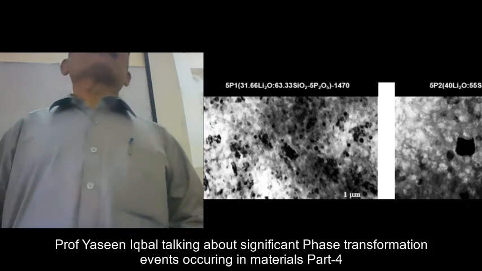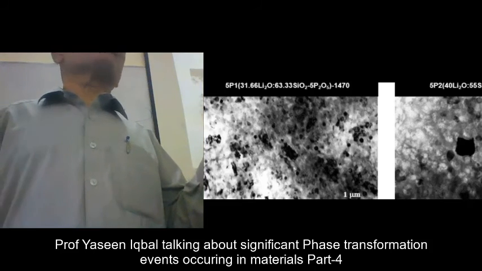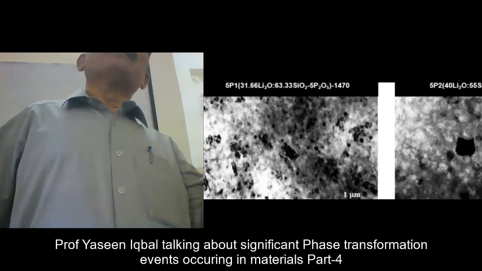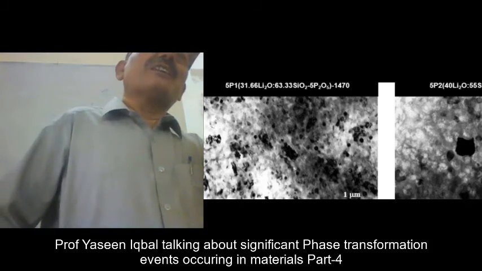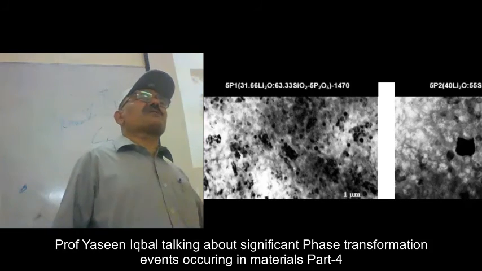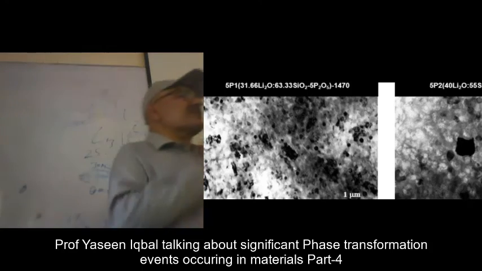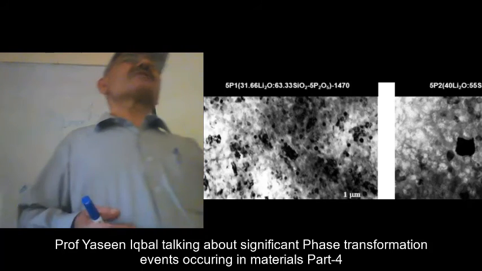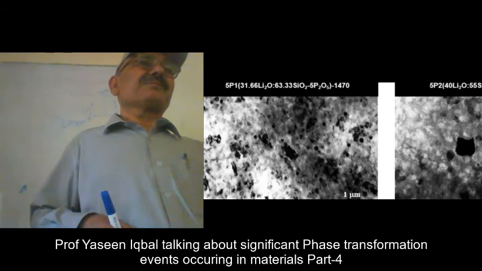But lithium orthophosphate crystal is very difficult to see because it is the first nucleus. If the first nucleus is forming in a very viscous medium, the size will be very, very small.